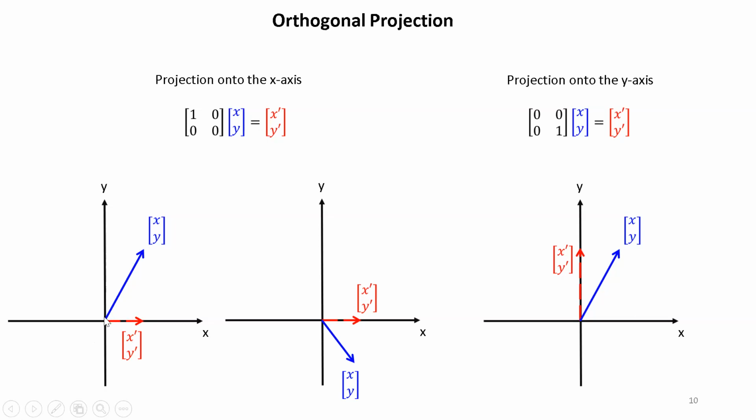The original and the final vectors have the same x component, but the final vector does not have a y component. On the other hand, if you want to do projection onto the y-axis, you just keep the y component of your vector and kill the x component, just like this.